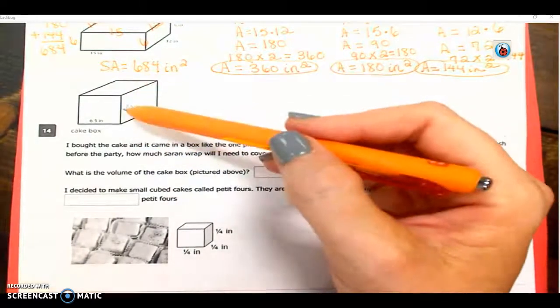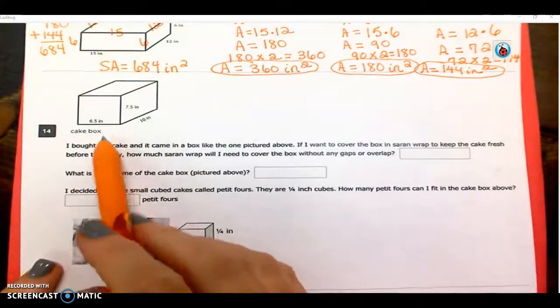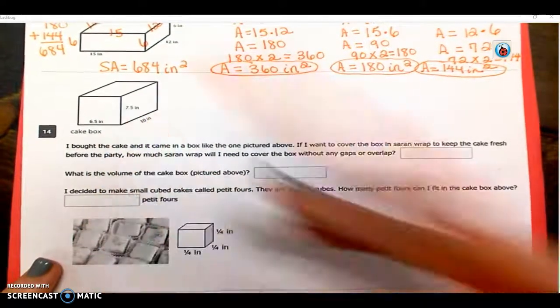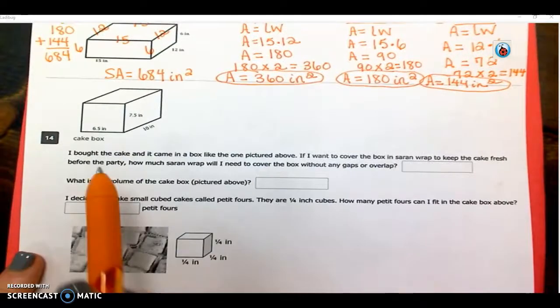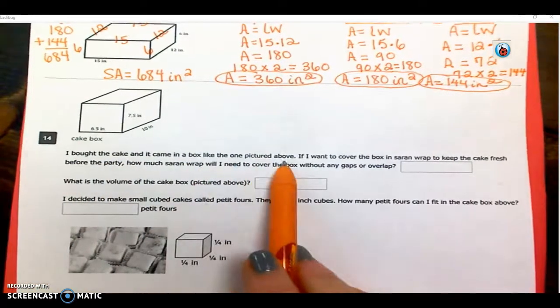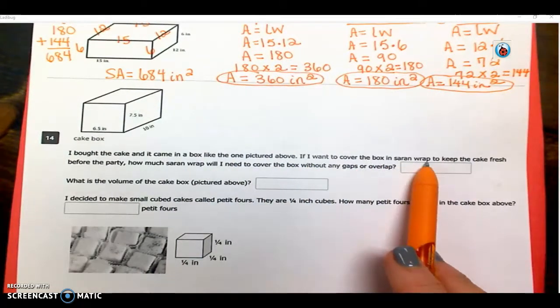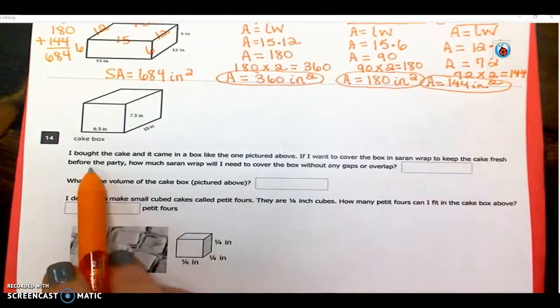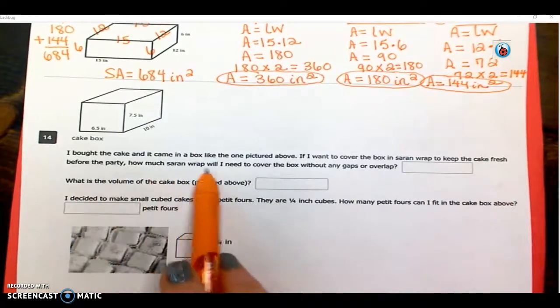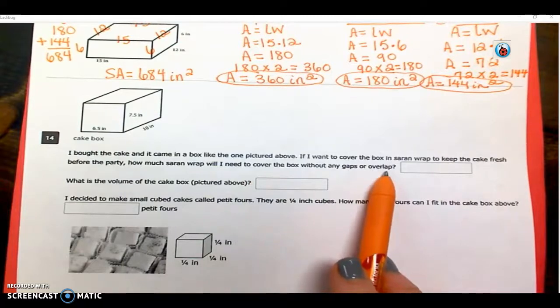All right, let's take a look at the last one. So we have a cake box, and we have some dimensions. We've got a length, we've got a width, we've got a height. And it reads, I bought the cake and it came in a box like the one pictured above. If I want to cover the box in saran wrap to keep the cake fresh before the party, how much saran wrap will I need to cover the box without any gaps or overlap?